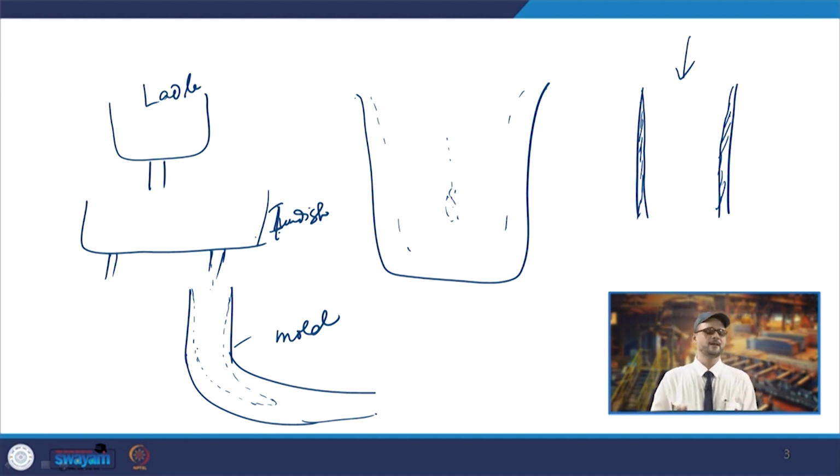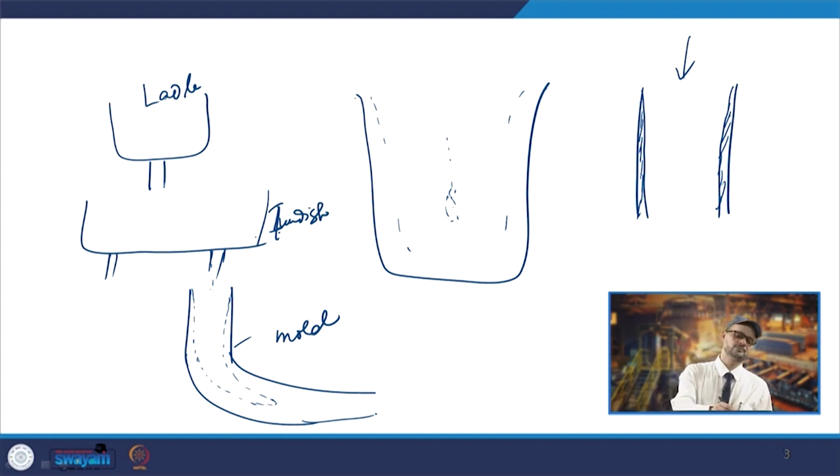Basically, the liquid metal will first be received by the ladle. The ladle will bring that liquid metal, and this liquid metal is poured into the tundish. Now, the tundish is basically an open reservoir which has a large surface area.